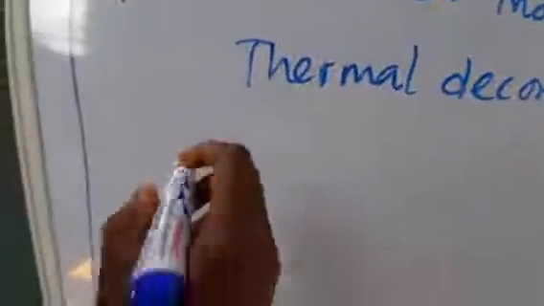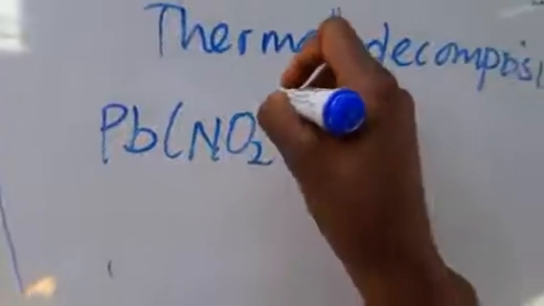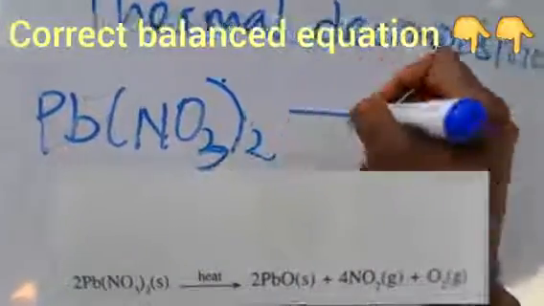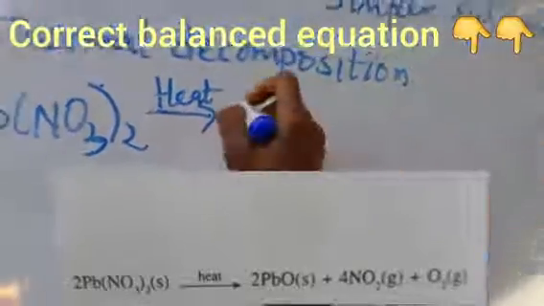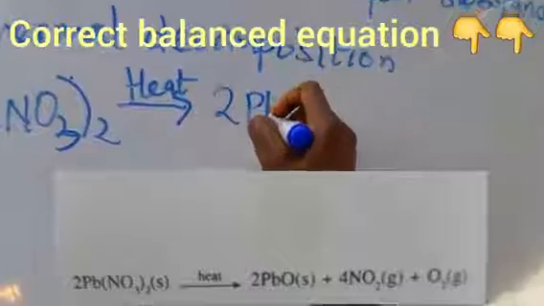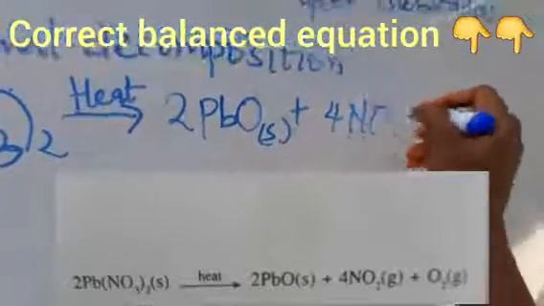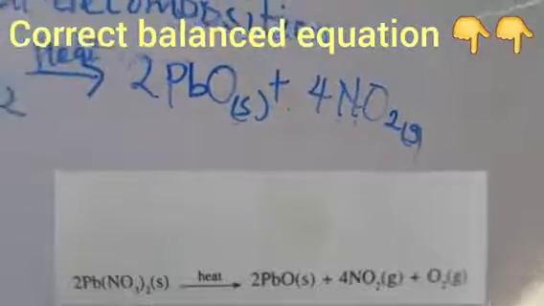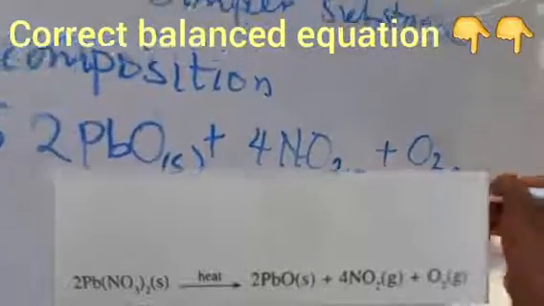An example of this is the decomposition of lead nitrate. Heat gives us 2 lead oxide plus 4 nitrogen oxide plus oxygen gas.